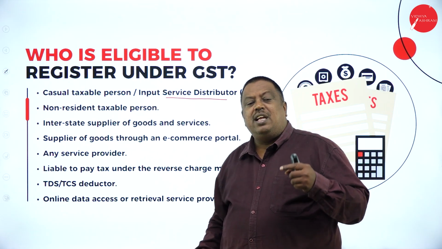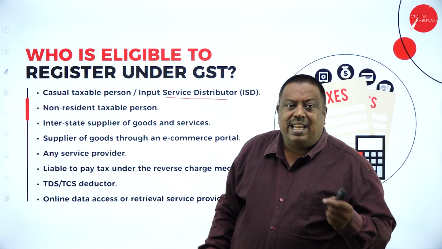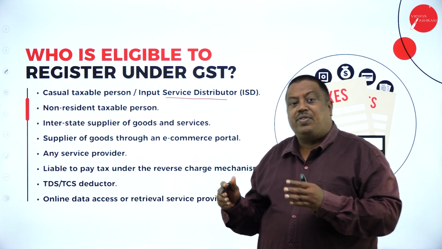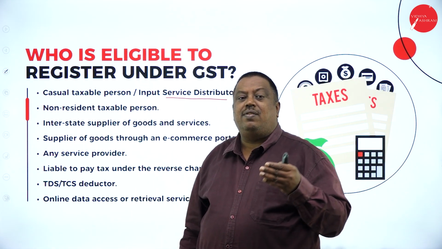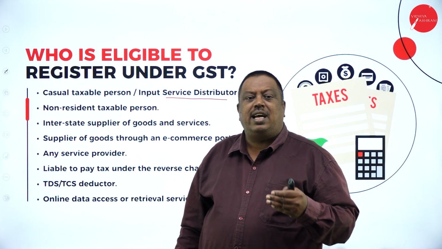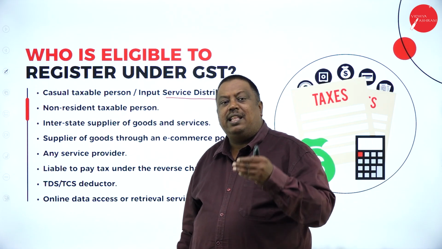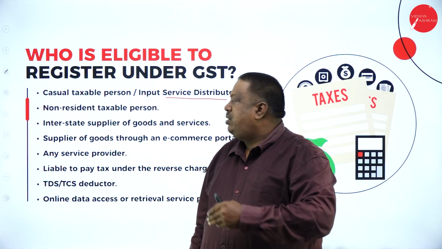He is going to pay tax on all the branches. Later, he is going to divide that on a proportional basis of the turnover of each individual branch and communicate what GST is applicable in their business unit.